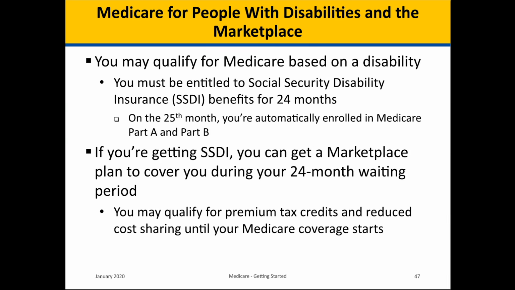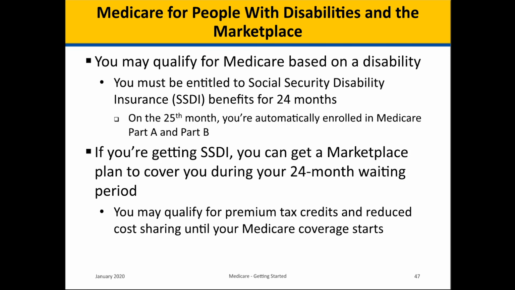Okay, if you're entitled to Social Security disability insurance benefits, you may qualify for Medicare after that 24-month waiting period. In that 25th month, Medicare coverage can start. During this waiting period, of course, you can apply for coverage in the Marketplace. Once you're eligible for Medicare, however, you won't be able to get the lower cost for the Marketplace plan based on your income.